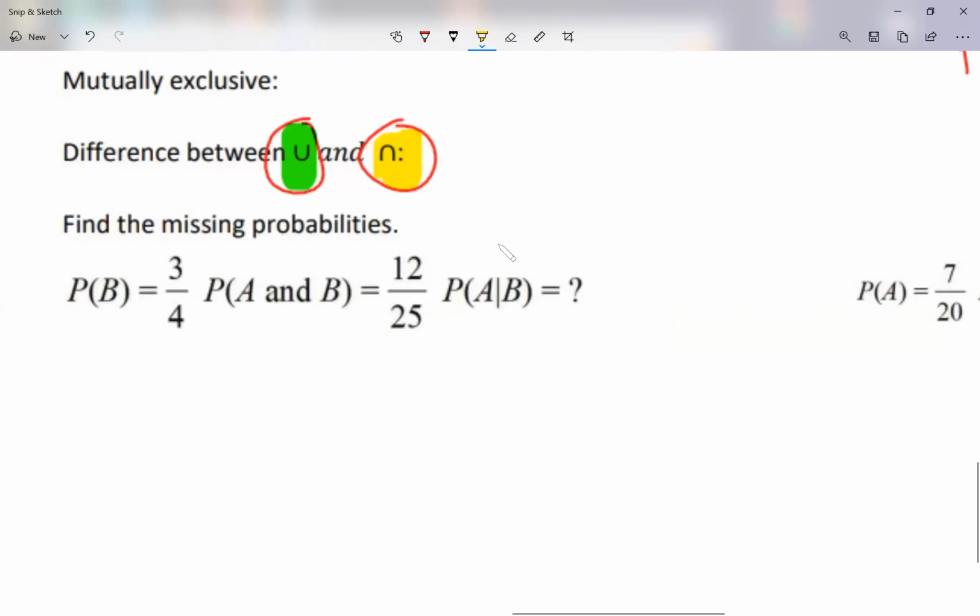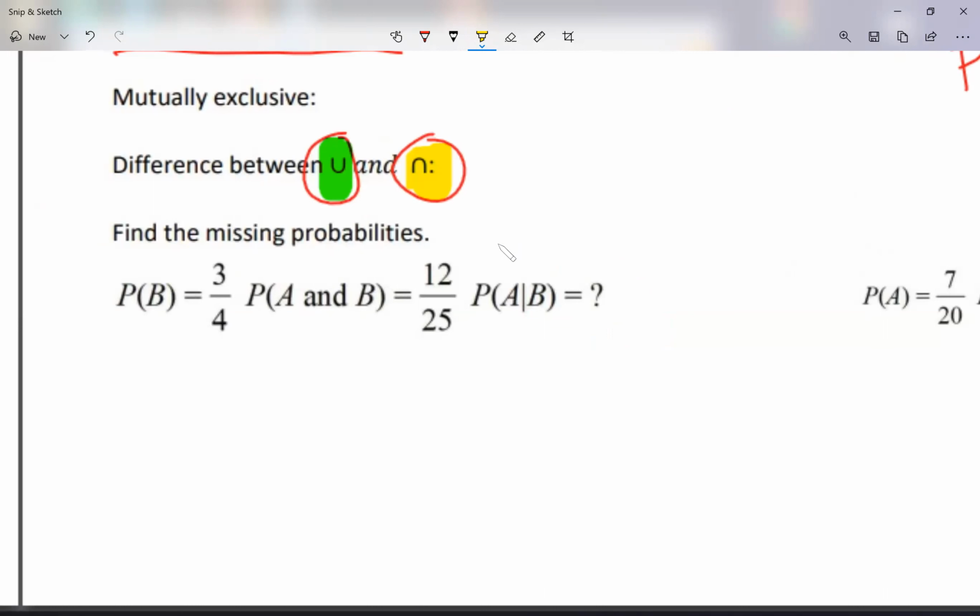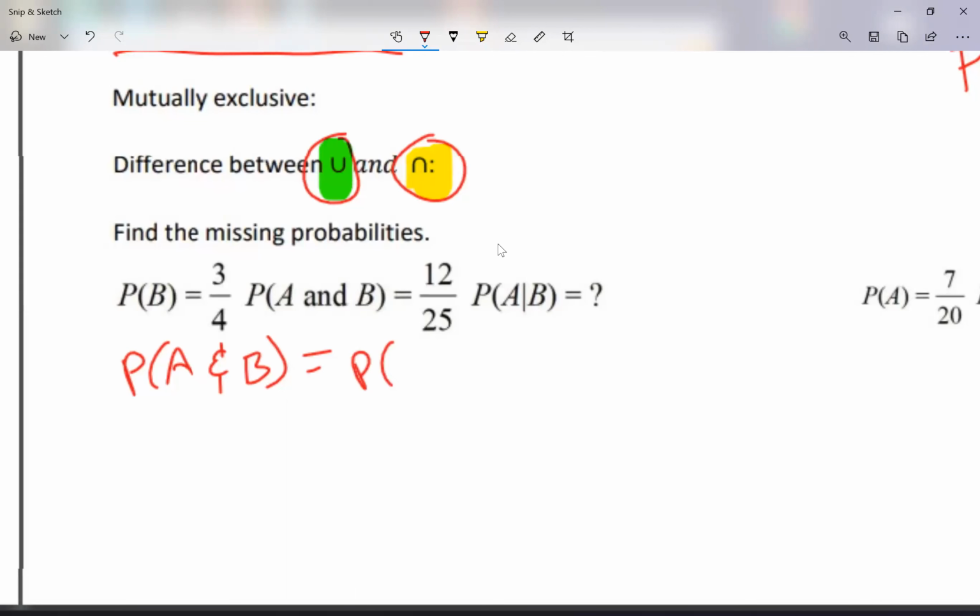Find the missing probabilities. Find probability of B, probability of A and B, probability of A given B. Okay, now one thing on conditional statements, I know the probability of A and B is equal to probability of A given B times the probability of B. Now I can change things around.